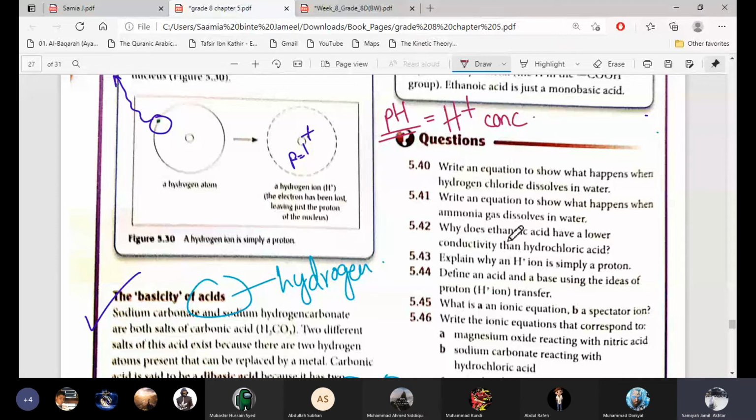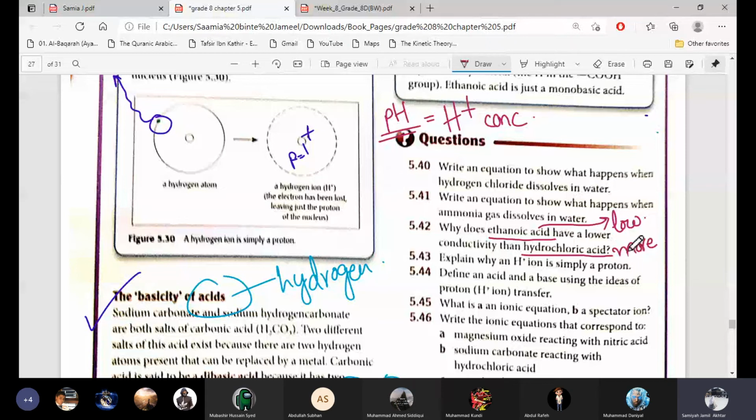Because ethanoic acid dissociates partially, it's a weak acid, so the hydrogen ion concentration will be low, or a smaller number of hydrogen ions. And in hydrochloric acid, the hydrogen ion concentration will be more. If there are fewer ions, then fewer ions will move and the conductivity will be low. Fewer ions carry the current, and in hydrochloric acid there are more hydrogen ions, so more ions will carry the current.